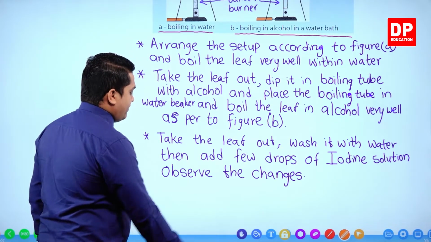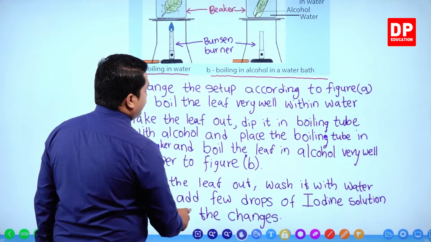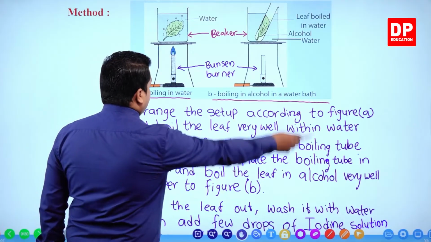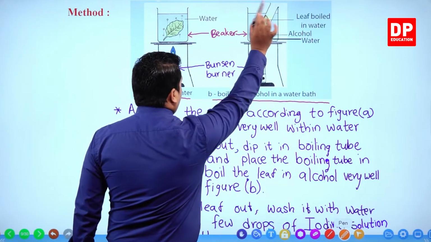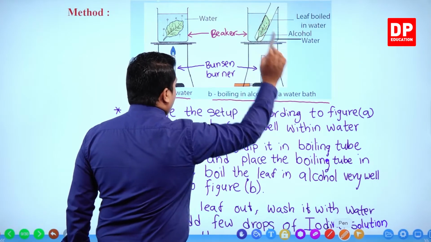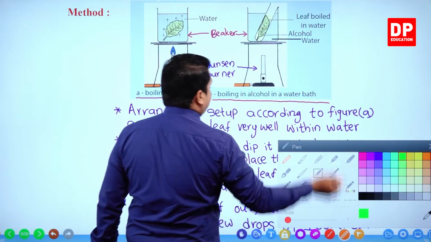And if you have correctly conducted the experiment, definitely this boiling tube over here would have a good greenish color.